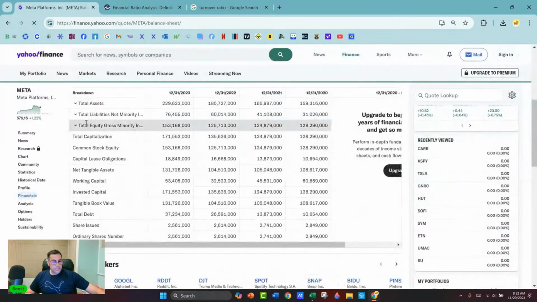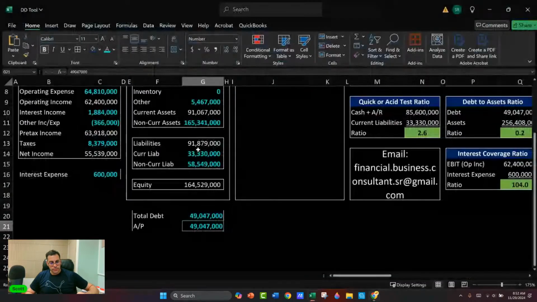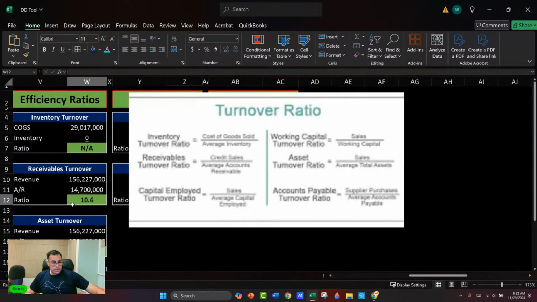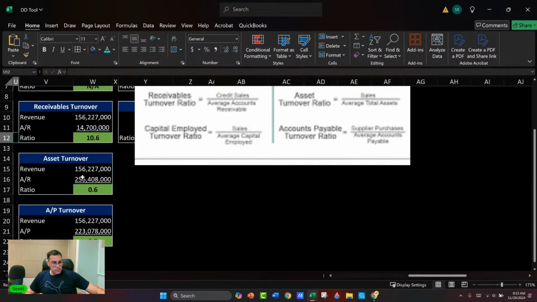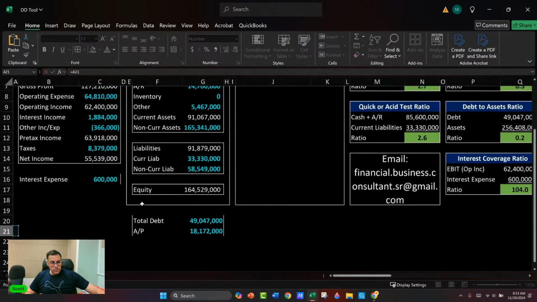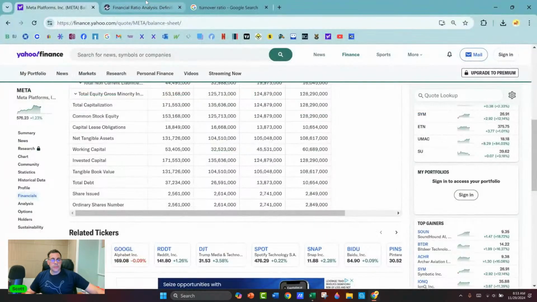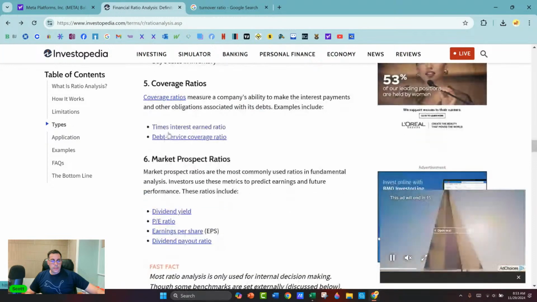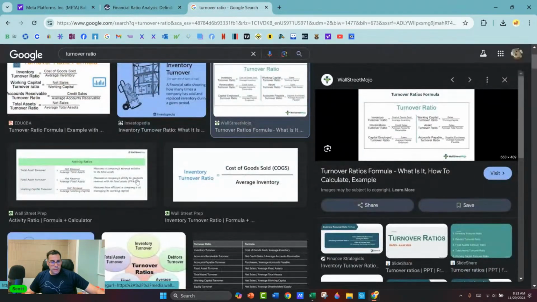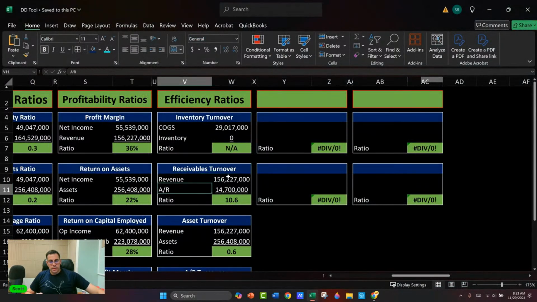Balance sheet. So accounts payable. Turnover. I got that one.